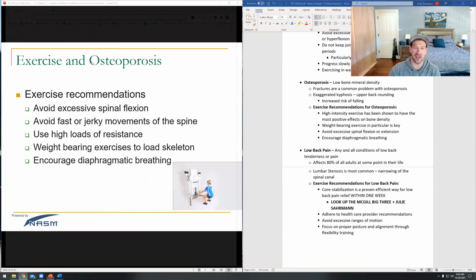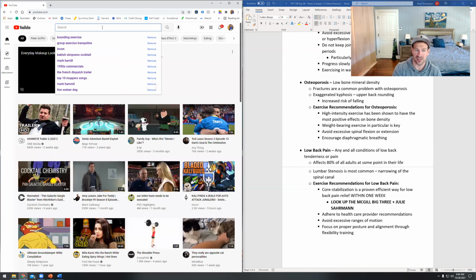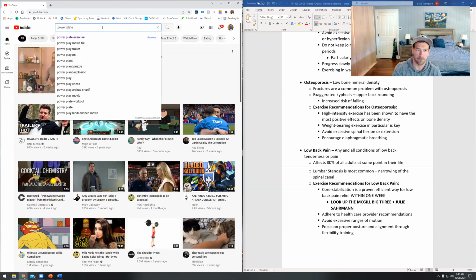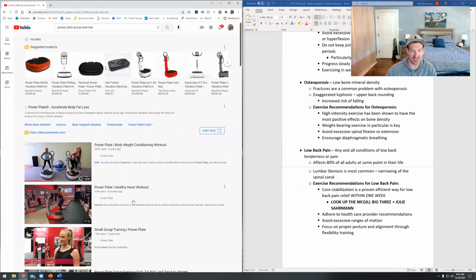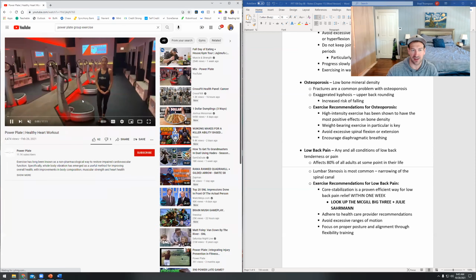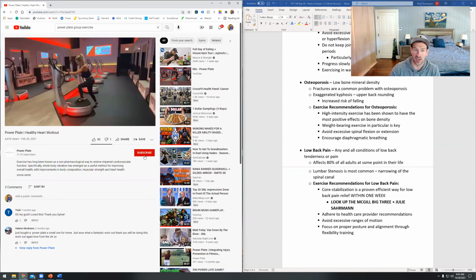And then another thing that you'll see, if you ever wanted to have a group exercise, it's going to be a pretty big investment. Sometimes you'll see power plate classes, where gyms have this little vibrating platform that has also been shown to have very positive benefits on osteoporosis.